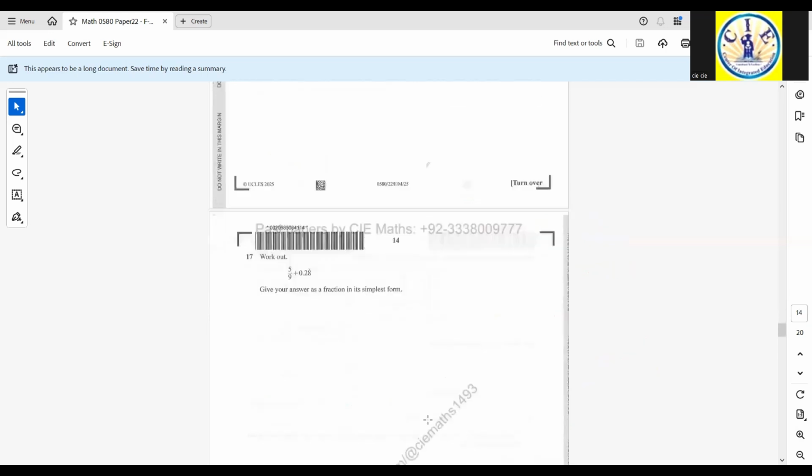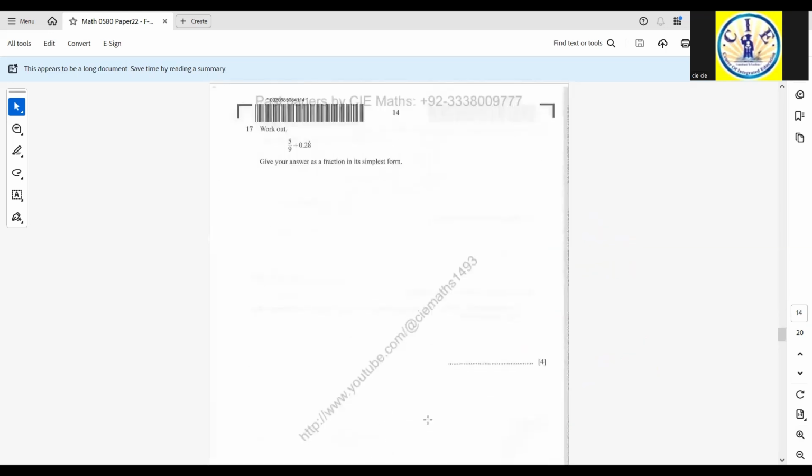Now it is question number 17. Work out 5 by 9 plus 0.28 as a recurring decimal. So let x be equal to this recurring decimal 0.28, which can be written as 0.2888 and so on.